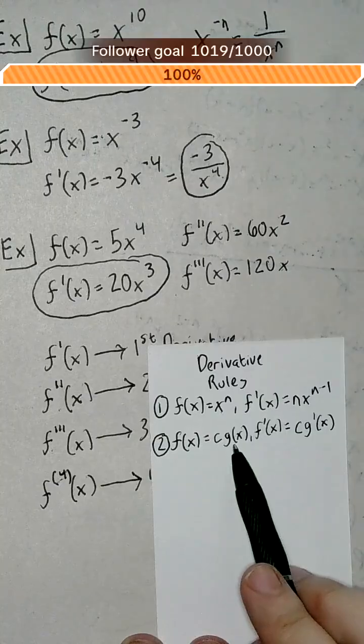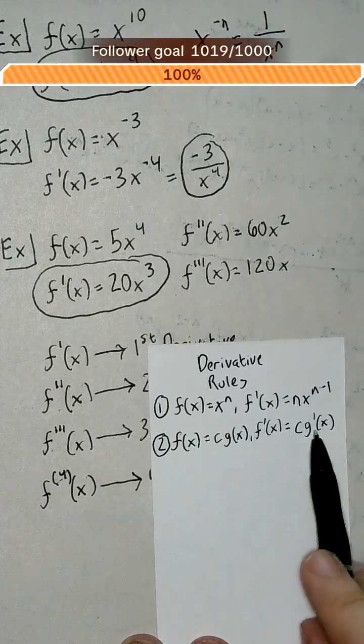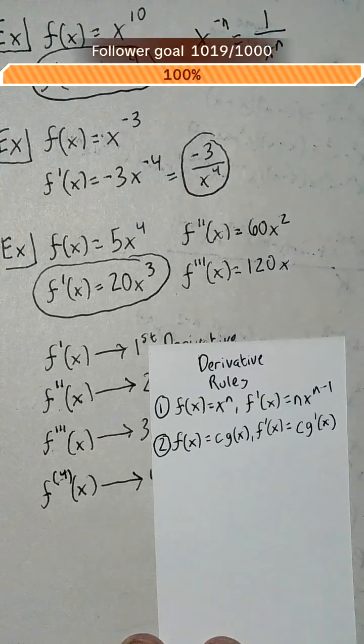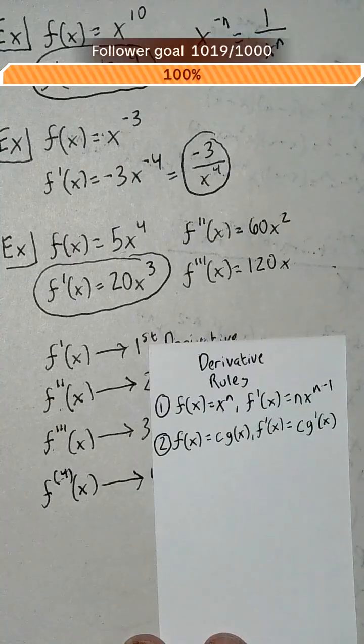So number times a function, its derivative is the derivative times c. And c can be any number. Well, except 0. But then 0 would be a trivial point.